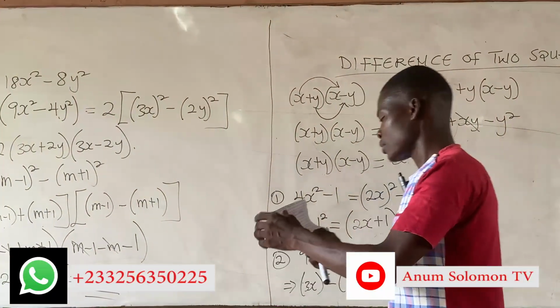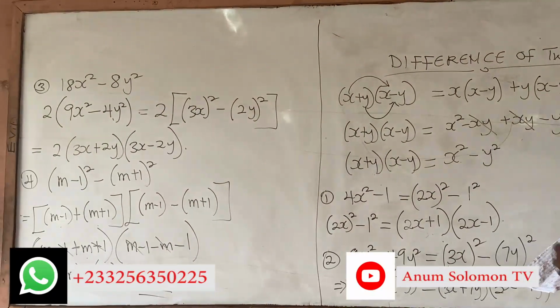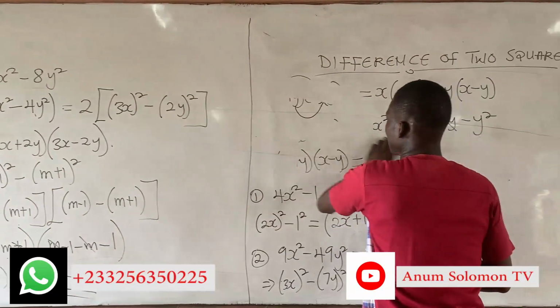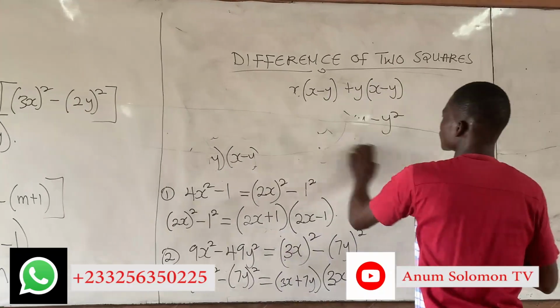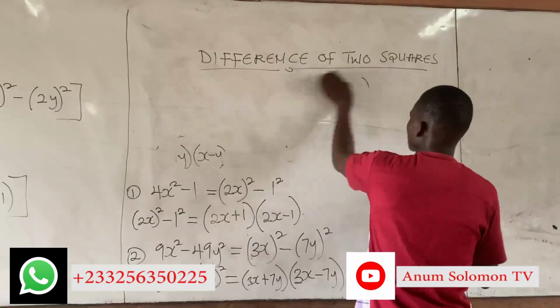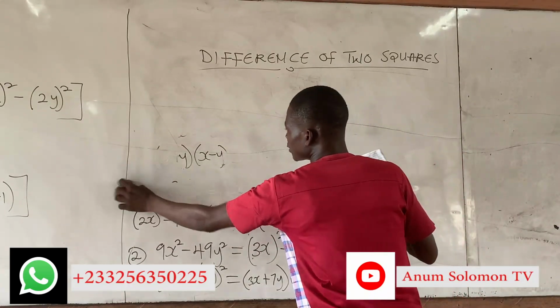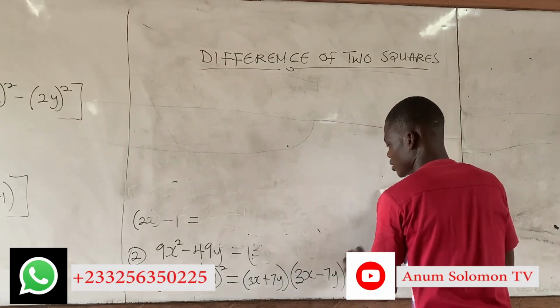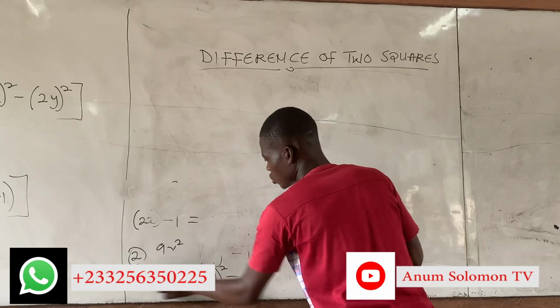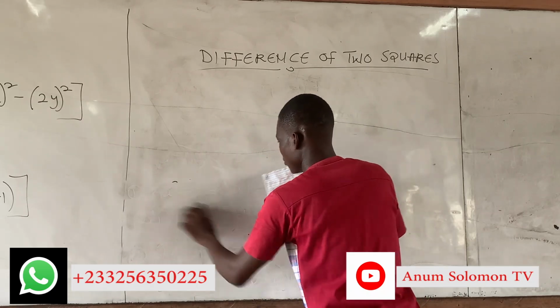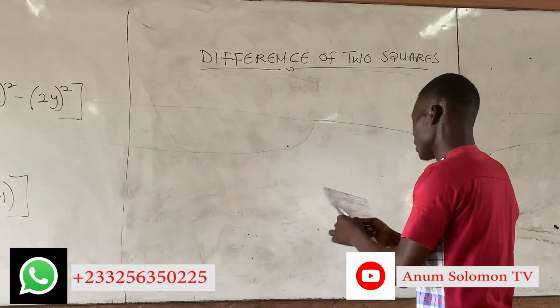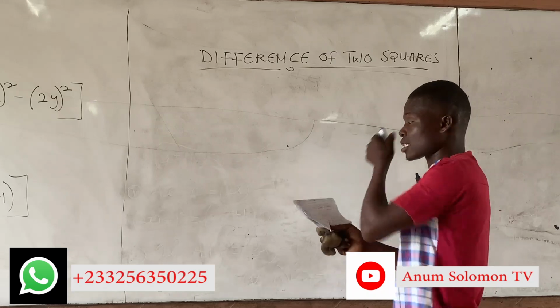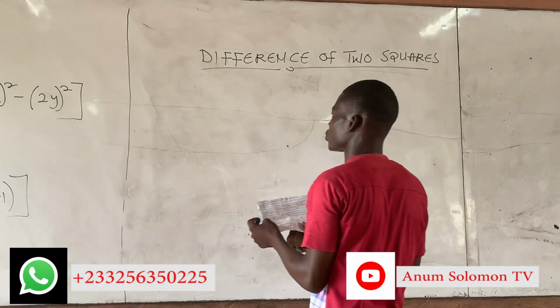Now let's look at the last example. We have to solve the problem (5x minus 2) in bracket power 2, minus (3x minus 4) in bracket power 2.